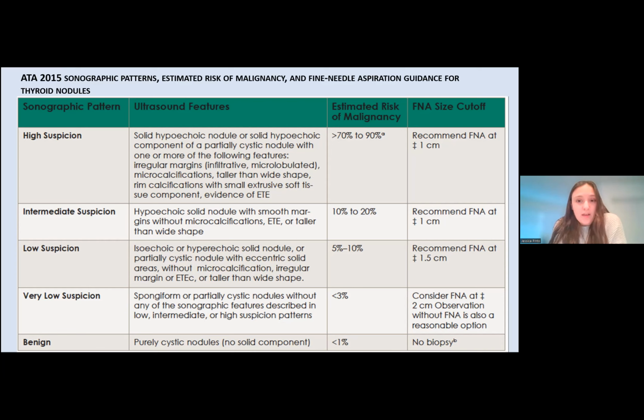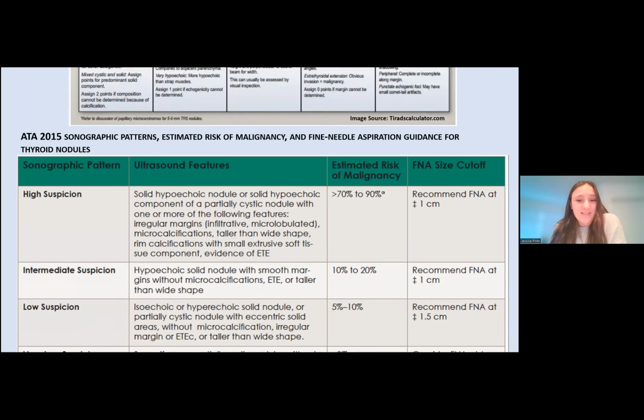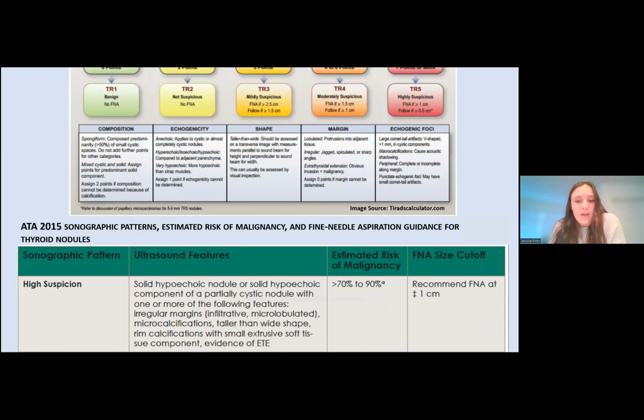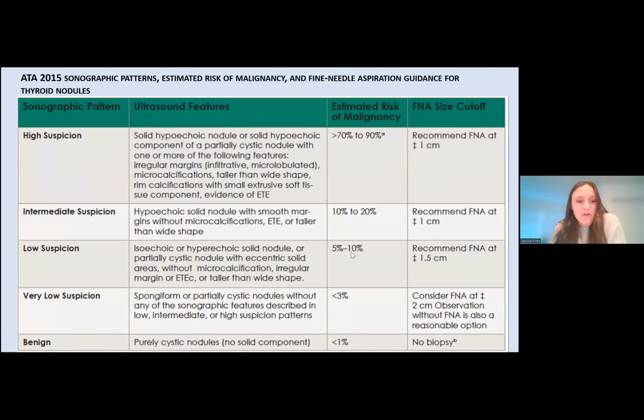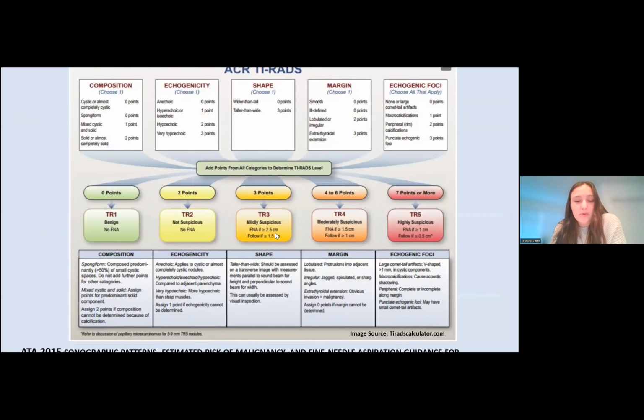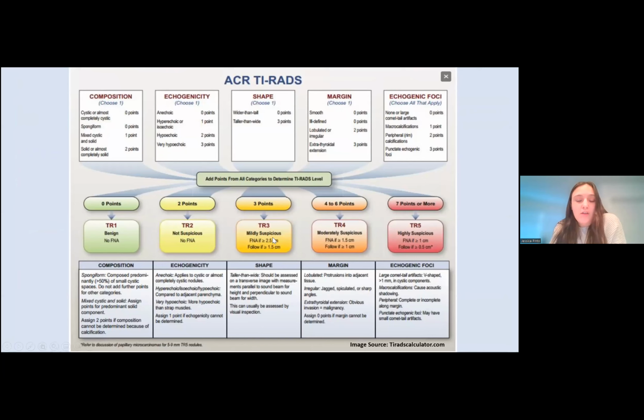And so I think most of what I read online and in UpToDate, the recommendation is to use the ACR. And I think part of that is also because if you look at the low suspicion lesions classified by ATA, the recommendation for an FNA is 1.5, whereas if you look at low suspicion or mildly suspicious on the ACR TIRADS, the cutoff is 2.5 centimeters. And so it is a little bit more strict.